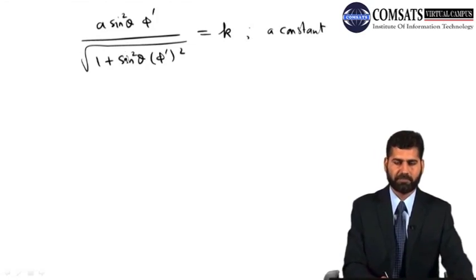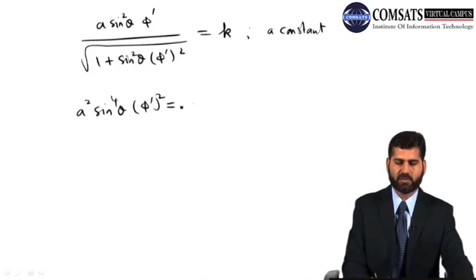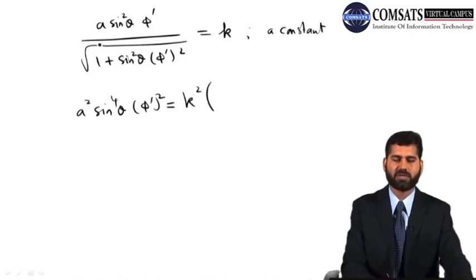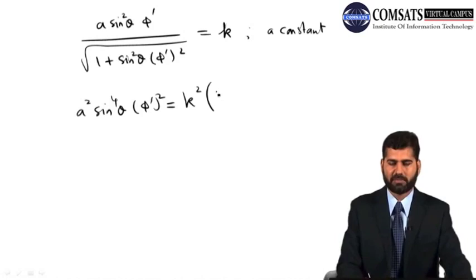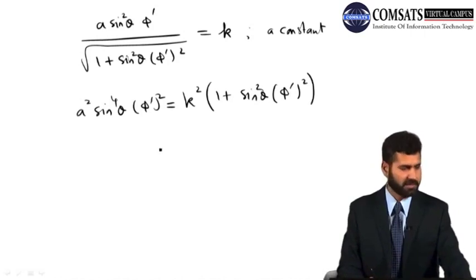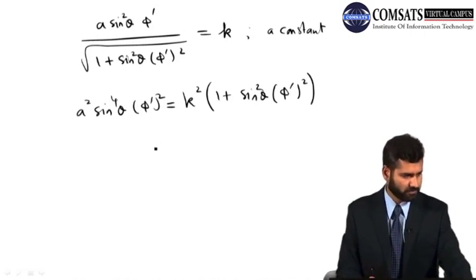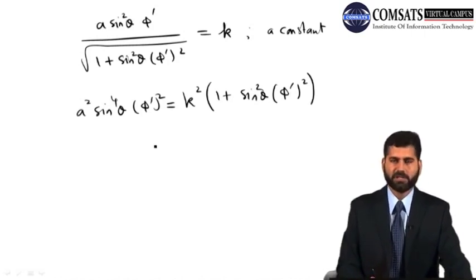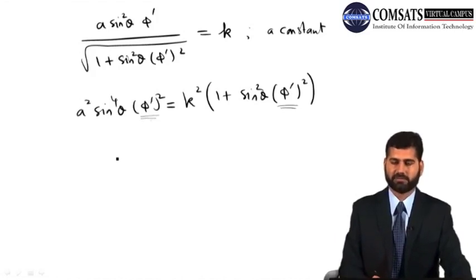Now if I send it over there and take the square, I'll get a square sine 4 theta phi bar square equal to k square times 1 plus sine square theta phi bar square, because the square root is gone. This is what I will get. So from here I can solve for phi bar square.